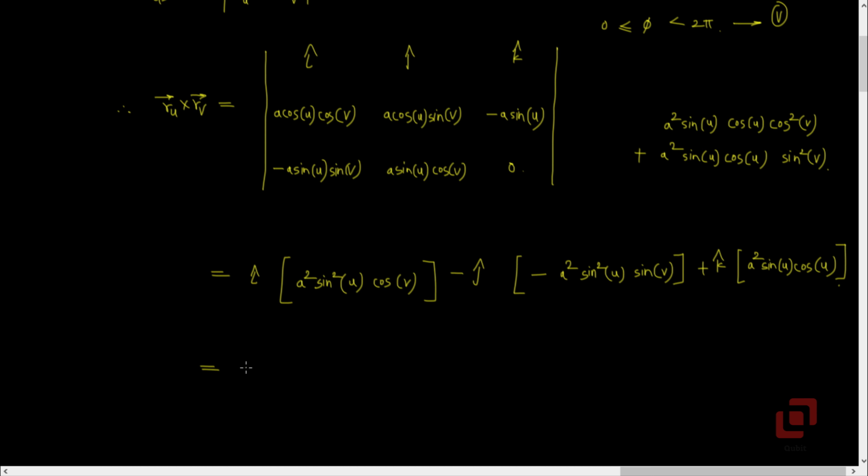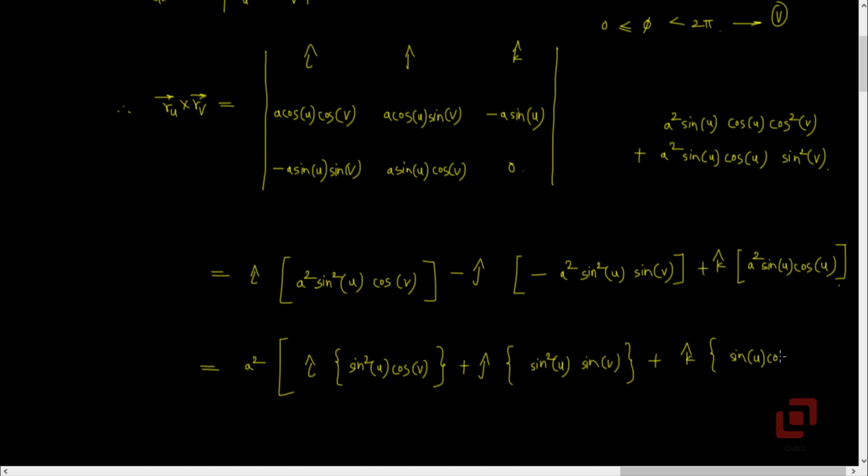Equal to a squared common, I cap into sin squared u cos v plus j cap into sin squared u sin v plus k cap into sin u cos u.